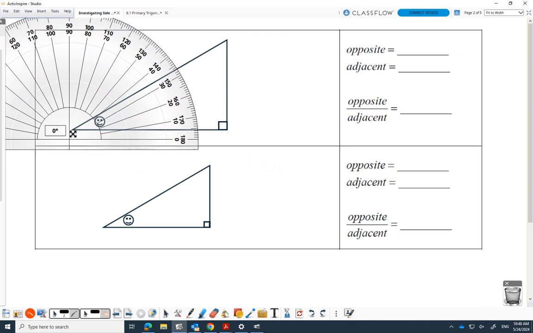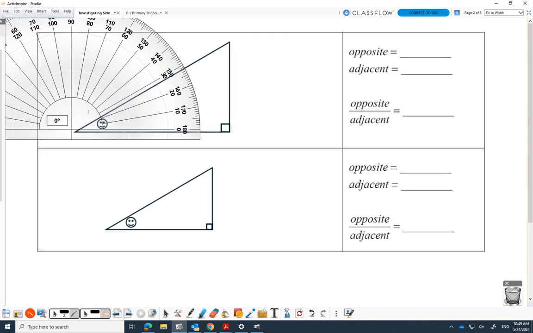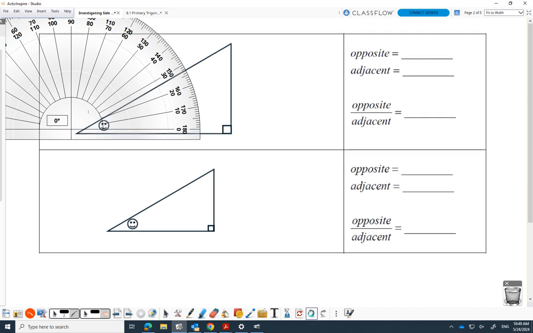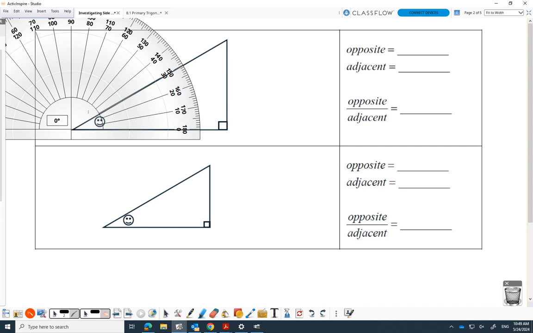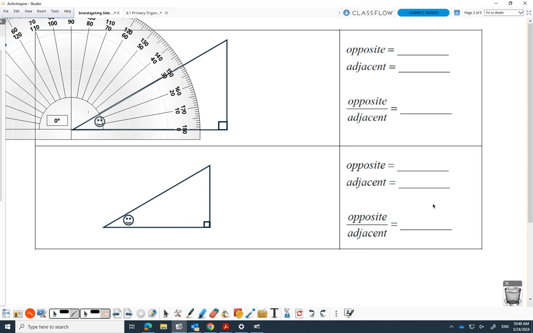Put the little right angled part right on the vertex of the triangle. Okay, write down the angle right on your triangle there. I also got 30 degrees.